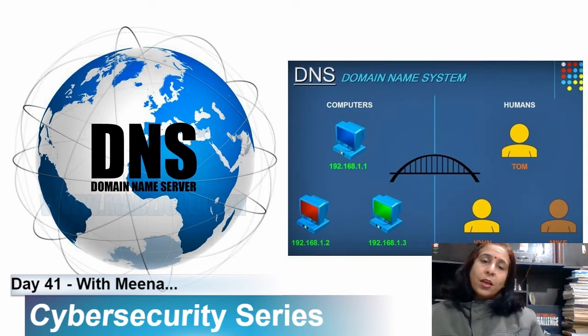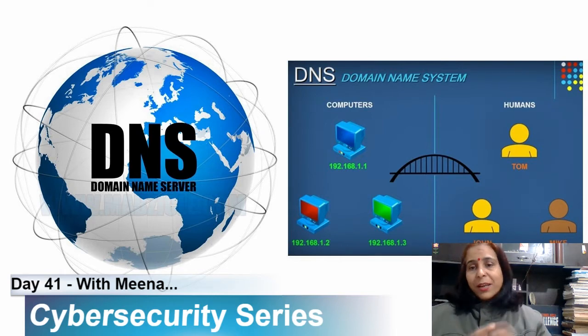But as a human, it's very difficult, or kind of impossible, to remember all those numbers. So we remember people, machines or domain names via names. It's very easy for us to remember something with the help of a name. So there is a gap.